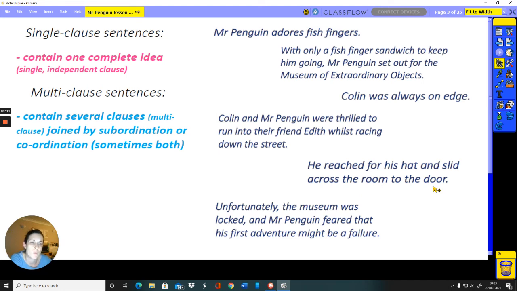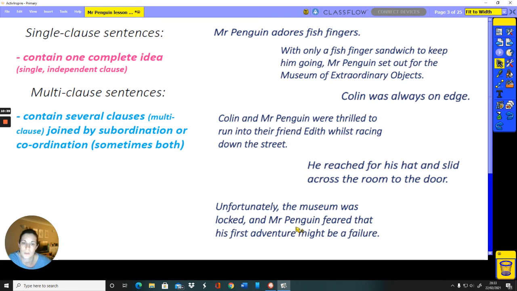There'd be a word missing. We need to know who, don't we? So it's an interesting little sentence, that one. We could have, he reached for his hat and he slid across the room to the door. But do we really need the he if we're making it a compound sentence or a multi-clause sentence? So no, we could take out the he, which they have indeed.